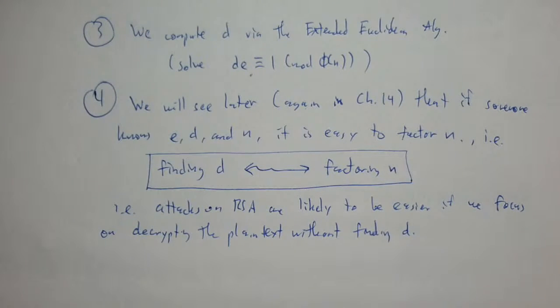I will go through an example of how you might go about attacking RSA if the message being sent is not too long. There's a couple of things I'll talk about, ways that you could go about trying to break this.